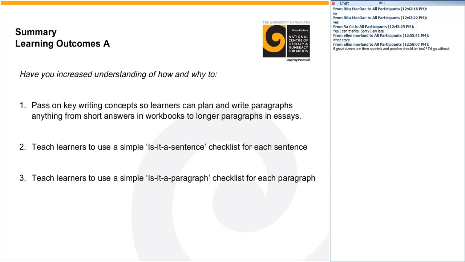Then the checklists in the summary, I believe, reduce the learning burden for trainees because they can just go straight back to that, and it's a nice way to check their sentences and paragraphs. Yep, so nearly there.